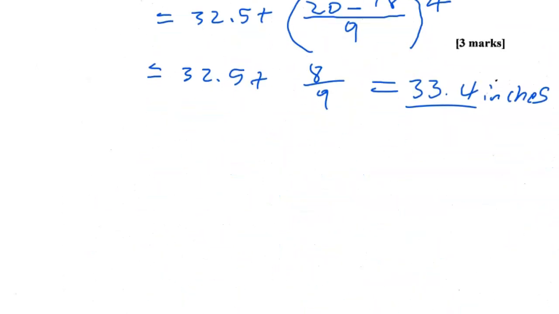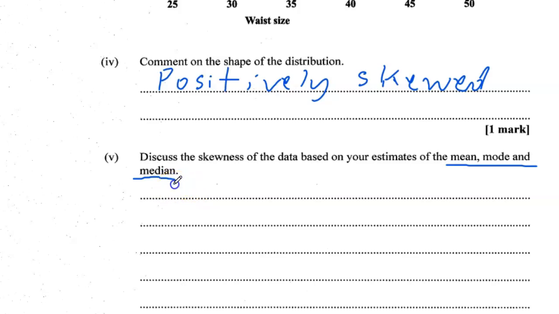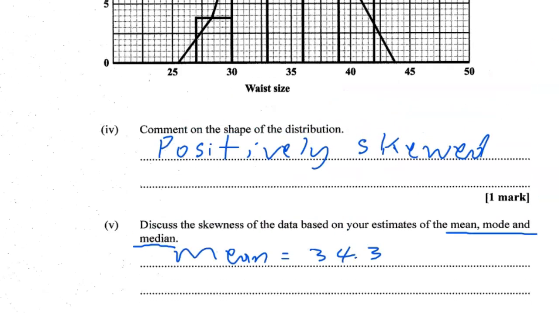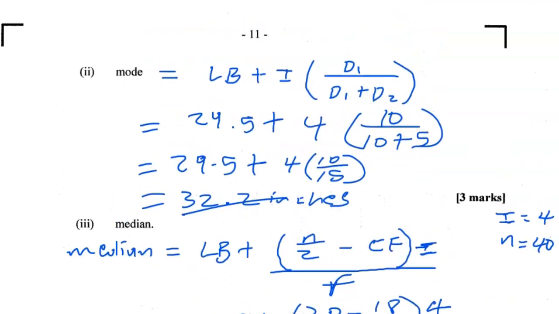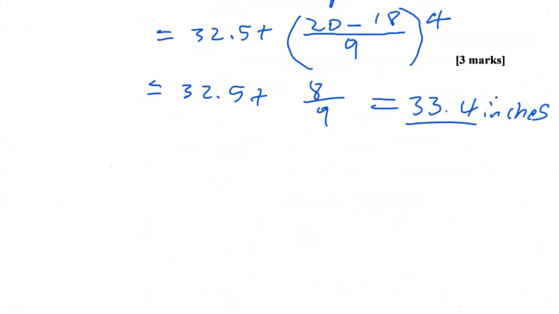So when you have a situation like that, the mean was 34.3. Let's double check. The median is 33.4.